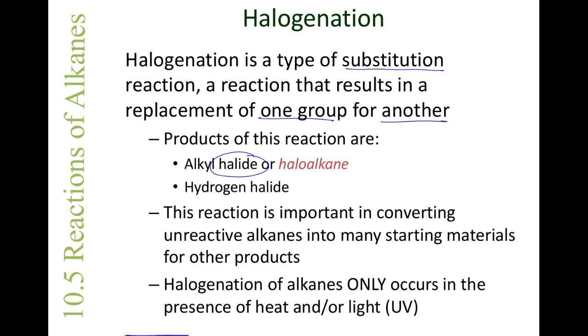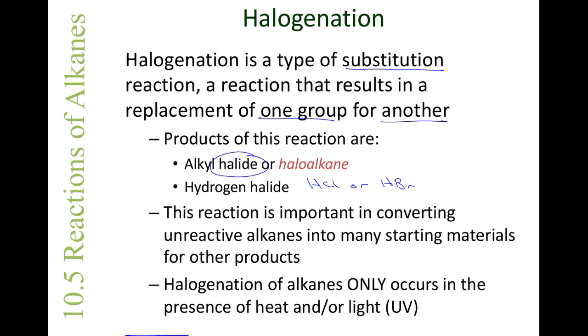We're only going to look at halogenation with chlorine or bromine, so the hydrogen halide could either be HCl or HBr. This reaction is important to convert unreactive alkanes into many starting materials for other products.